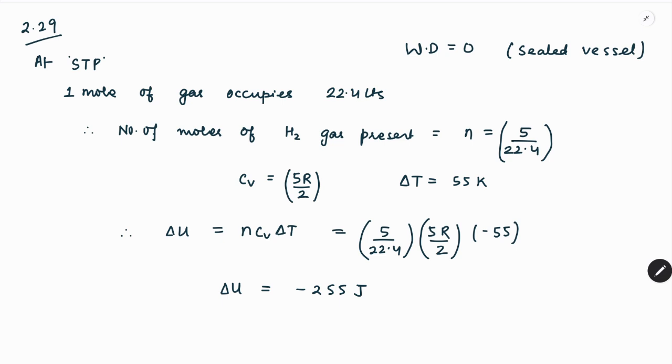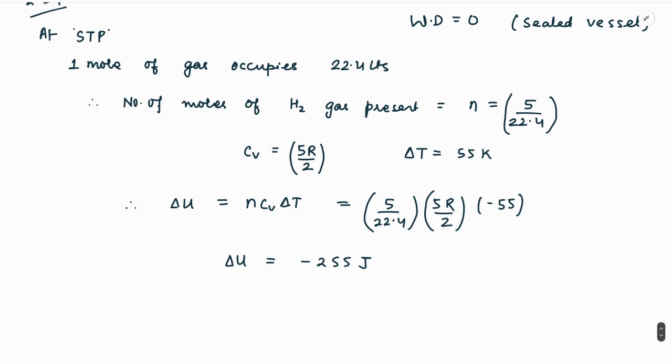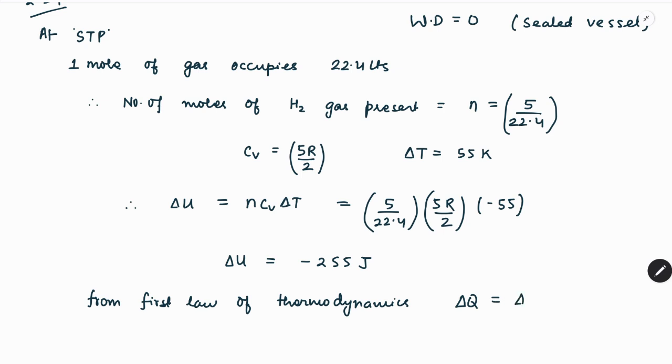Now in the next part, the problem is also asking us to calculate the amount of heat which will be lost by the gas. So from the first law of thermodynamics, delta Q equals delta U plus delta W, and since work done is 0, delta Q is going to be delta U, which is minus 255 joule.